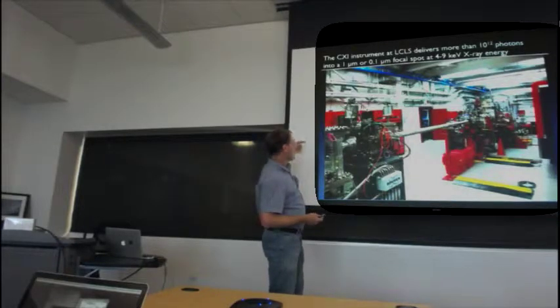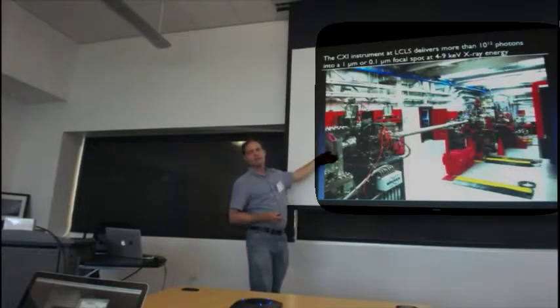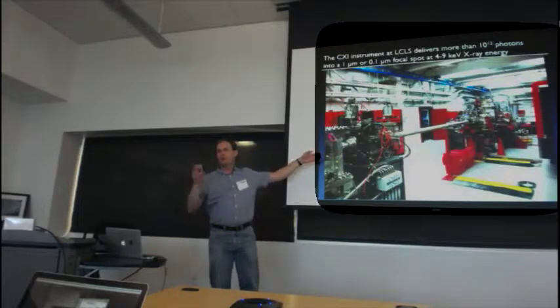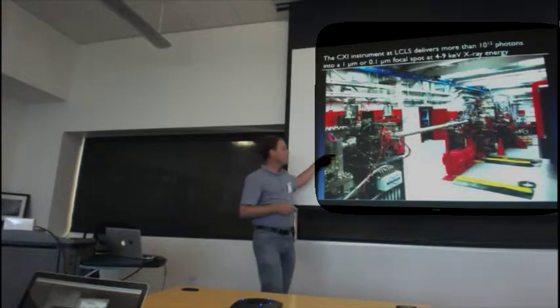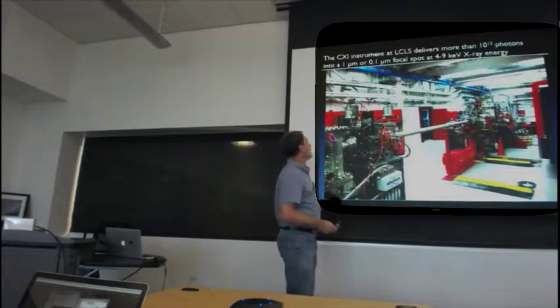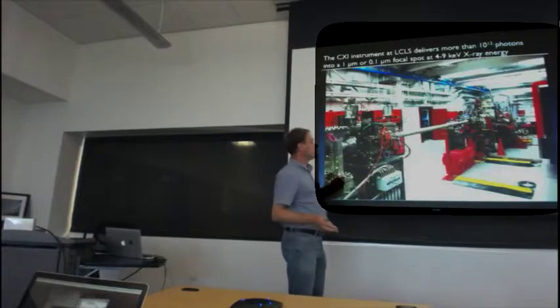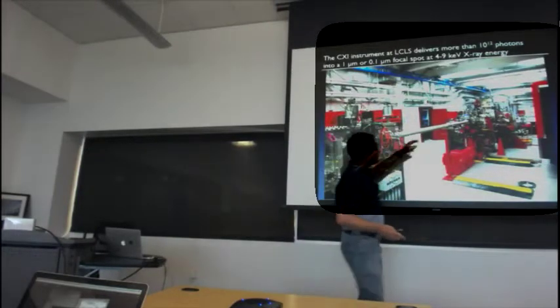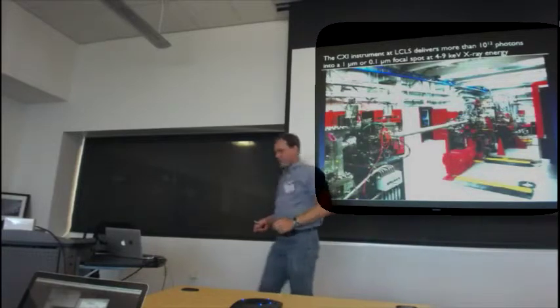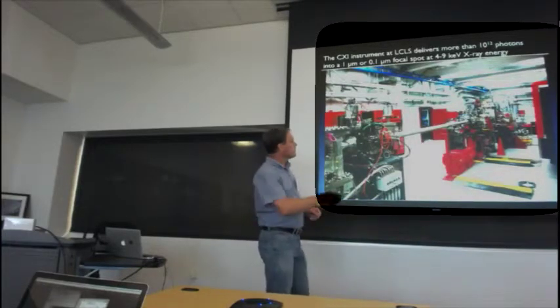There's two experimental chambers. One up the front here uses small focusing optics, produces about a 0.1 to 0.2 micron spot, and has a focal length of about so much. And then there's another set of mirrors, Kirkpatrick-Baez mirrors, that produce a focus in the far experimental chamber here, about 1 micron in size, and a set of detectors and everything.